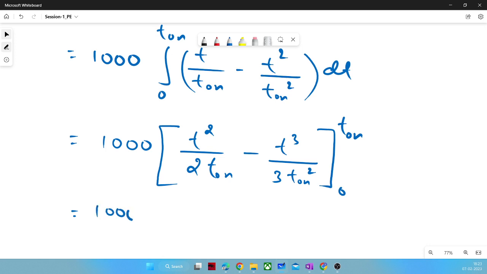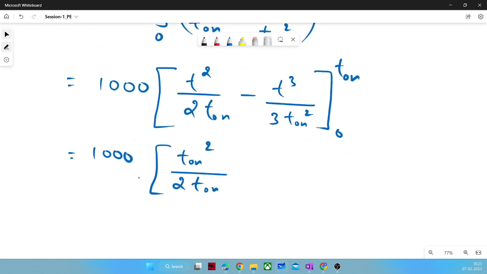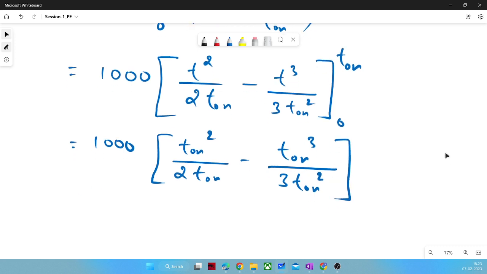Now we will plug in T on in all the T's. So that will be T on square divided by 2 T on minus T on cube divided by 3 T on square.